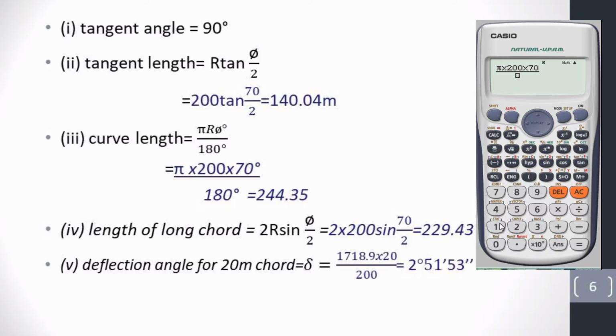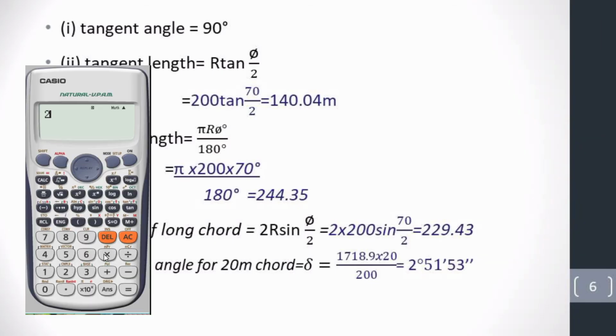So pi times 200 times 70 degrees over 180 degrees. Using the calculator, giving us 244.35 meters. We go ahead, the length of the long chord is equal to 2r sine theta over 2.